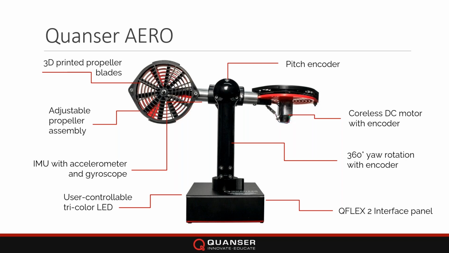You have 2 different sets of blades for the rotors. There's a slip ring mechanism, so the yaw is allowed to move continuously. I mentioned that it's reconfigurable, so you can change the angle of the propellers, and you can also lock the pitch or lock the yaw axis.